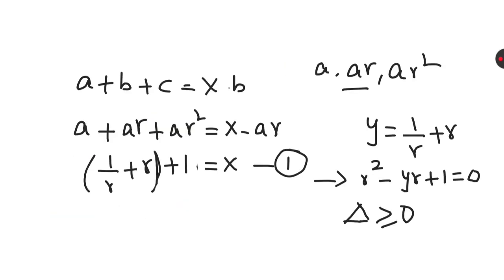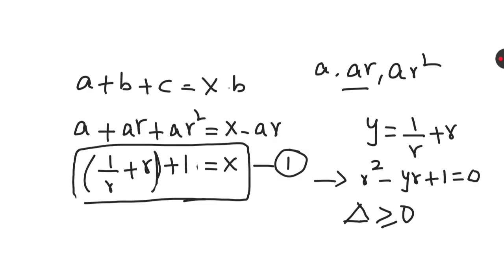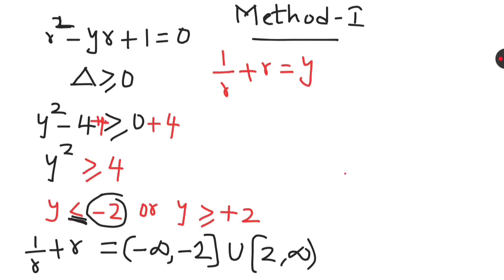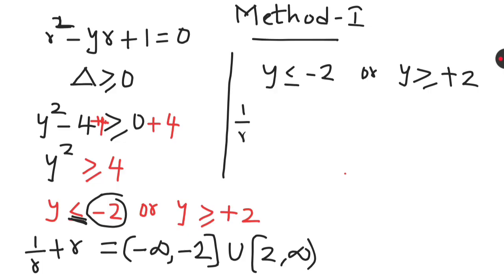What we have is x as 1 over r plus r plus 1. So now you have to add plus 1, then only we are going to get the x value. So y is nothing but 1 over r plus r, and for this we have to add plus 1 on both sides. So minus 2 plus 1 is going to be minus 1, and 1 over r plus r plus 1 is nothing but x.